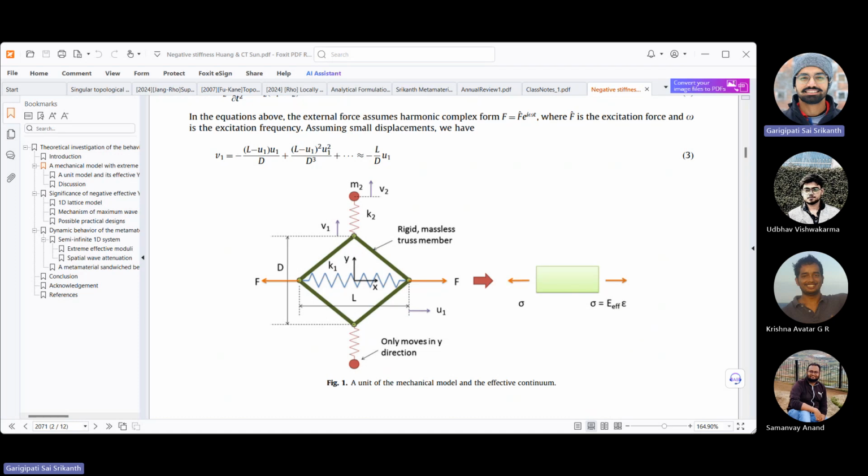So this is the unit cell. What they are showing is that this is made of four rigid massless truss members. These are massless and they are rigid. However, they are connected using a pin jointed system.